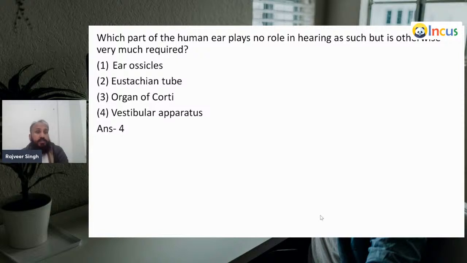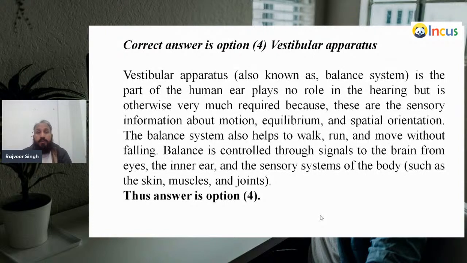Now next question: which part of the human ear plays no role in hearing but is otherwise very much required? Ear ossicles, eustachian tube, organ of Corti, and vestibular apparatus. The answer will be vestibular apparatus, because the vestibular apparatus, also known as the balance system, is the part of the human ear that plays no role in hearing but is otherwise very much required, because it provides sensory information about motion, equilibrium, and spatial orientation.